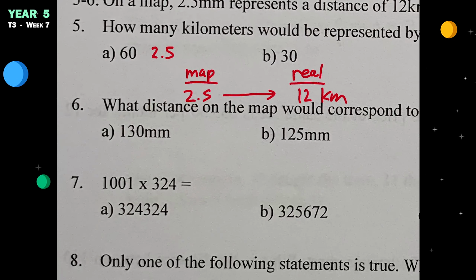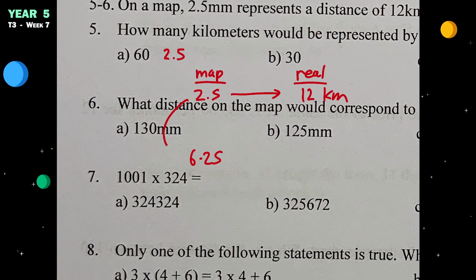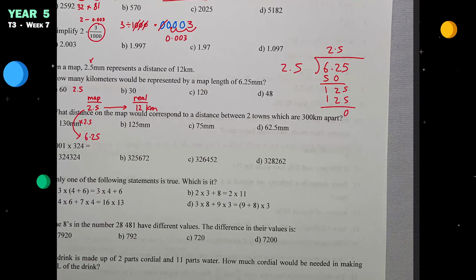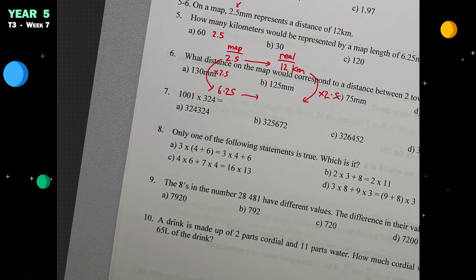Now, when you have 6.25 on the map, the question is, how do I go from there to there? Well, I times it by 2.5. I just worked it out, right? If I times it by 2.5, I'll get 6.25. So therefore, to get this number, I must also times it by 2.5. So you can work it out, times it by 2.5, and get the answer there.